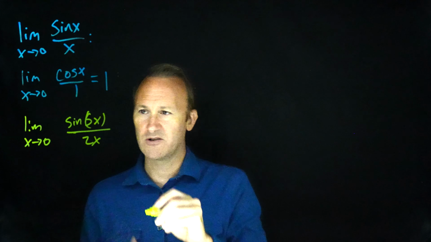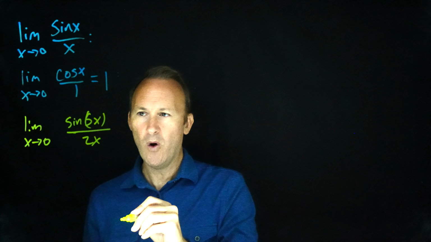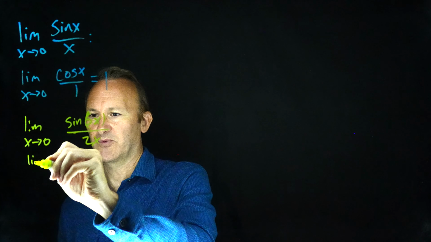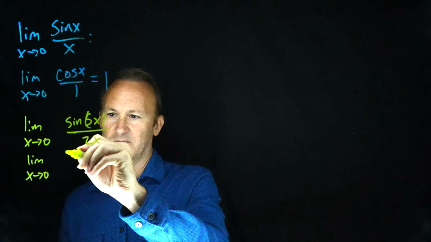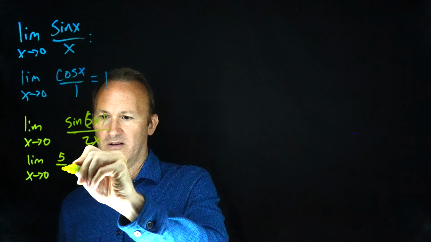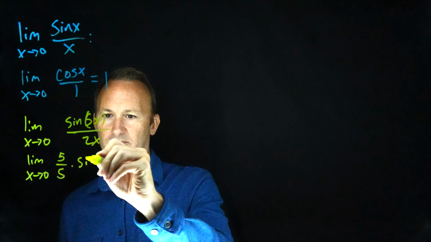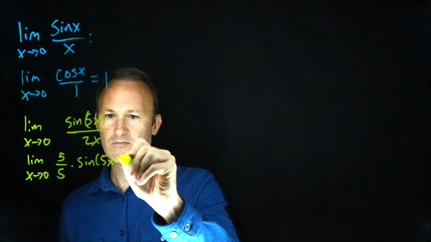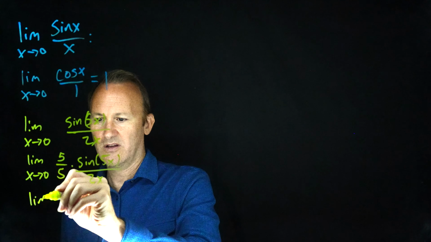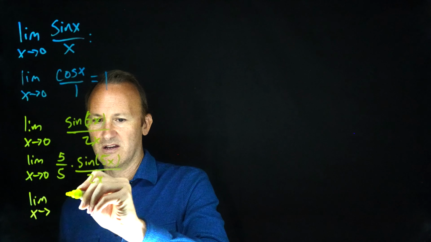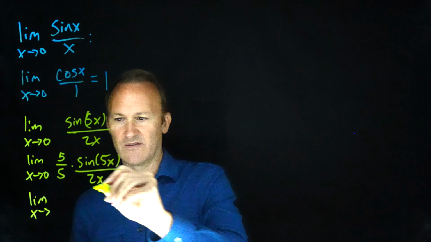So all you do is multiply through by 1. And for a multiplication by 1, let's keep it simple and use 5 over 5, right? And now we can do a switch, and we can basically swap the 2 and the 5.